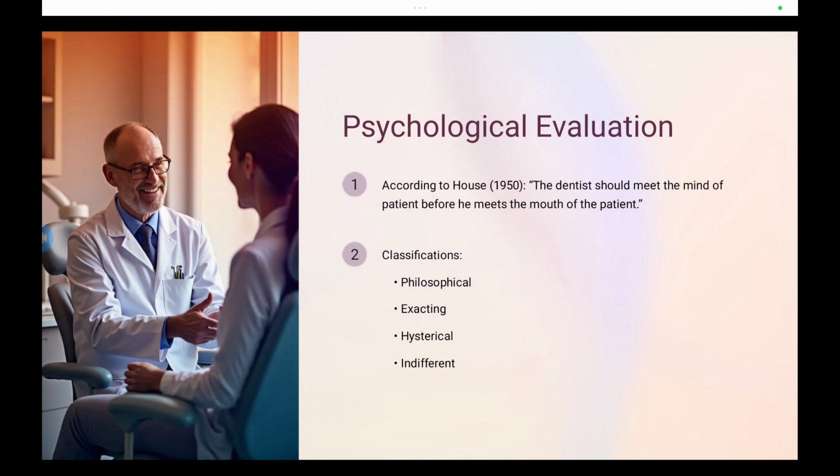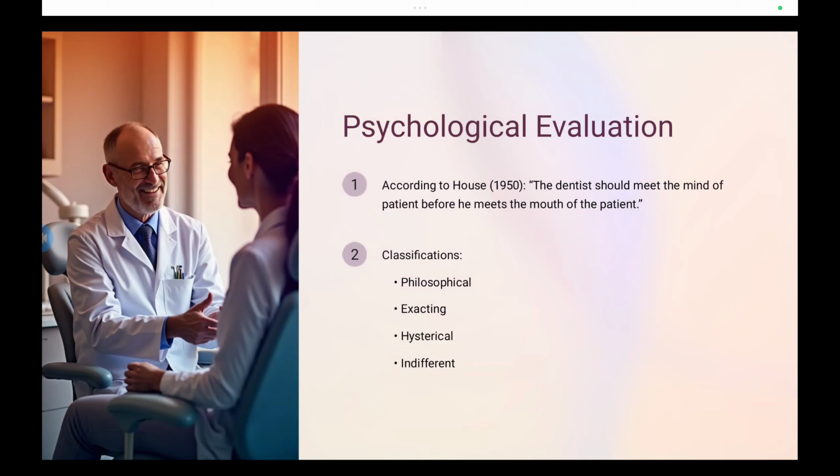Now, the philosophical patient is well adjusted, cooperative, has confidence in the dentist and has an excellent prognosis. Exacting: the exacting patient is above average in intelligence, dissatisfied with past treatment, doubts the dentist's ability, and once satisfied becomes the dentist's greatest supporter.